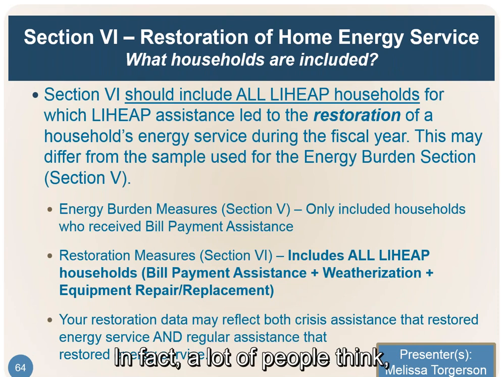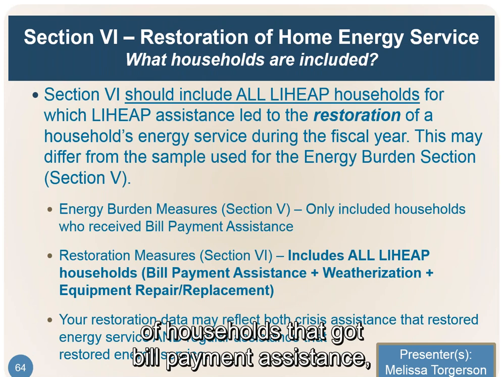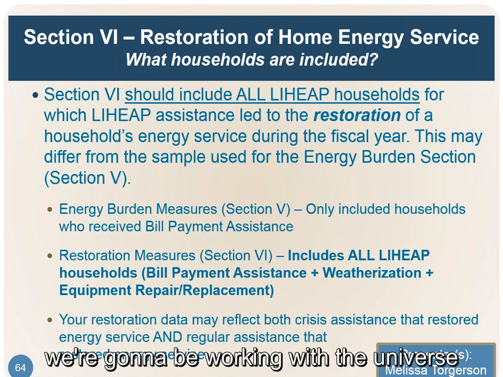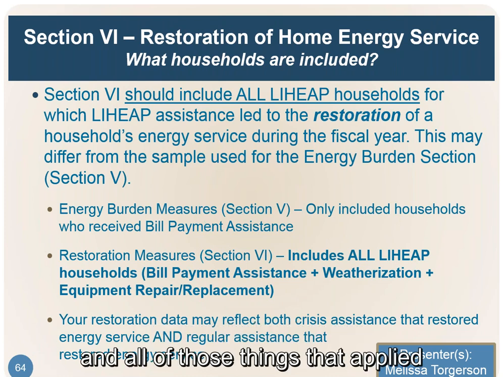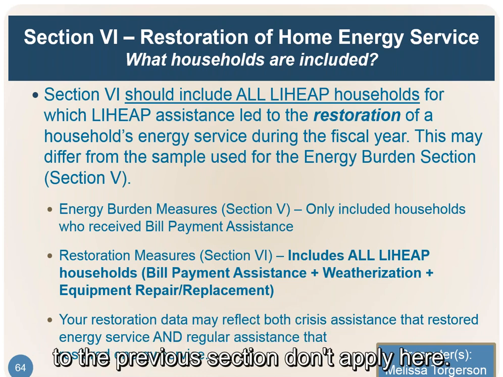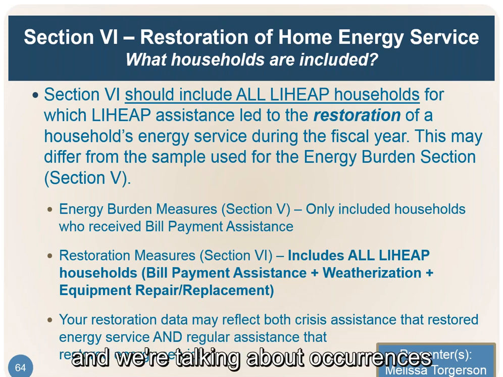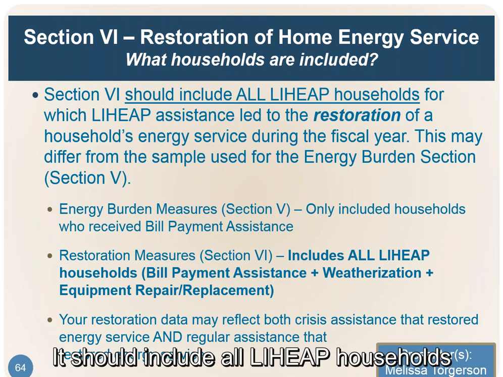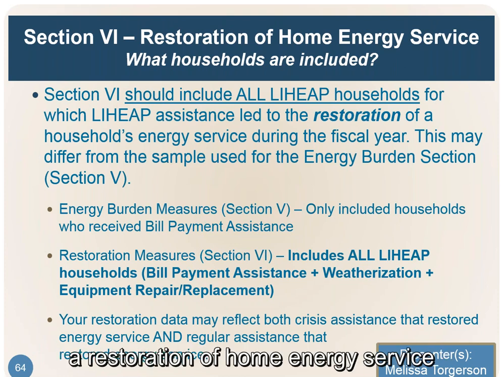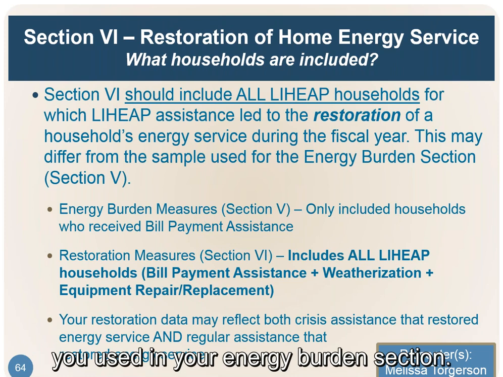A lot of people think we're going to be working with the universe of households that got bill payment assistance, or the universe of households that got 12 months of bill data, and all of those things that applied to the previous section don't apply here. We're looking at different households, and we're talking about occurrences and not unduplicated counts. It should include all LIHEAP households for which LIHEAP assistance led to a restoration of home energy service during the fiscal year. Once again, it may differ from the sample you used in your energy burden section.